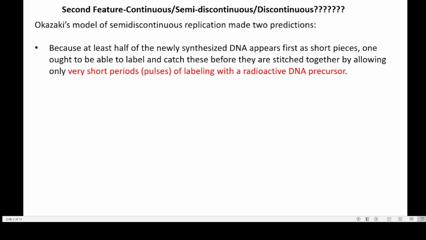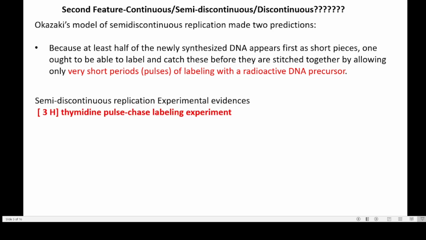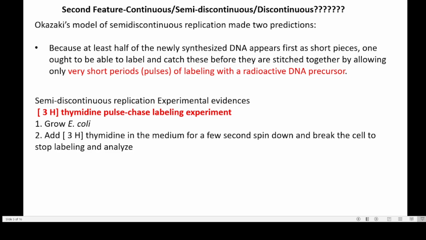To test this prediction, Okazaki and colleagues gave shorter and shorter pulses of labeled thymidine to E. coli cells that were replicating the T4 DNA. They grew E. coli and added thymidine in the medium for a few seconds and spun down and broke the cell to stop labeling and analyzed.